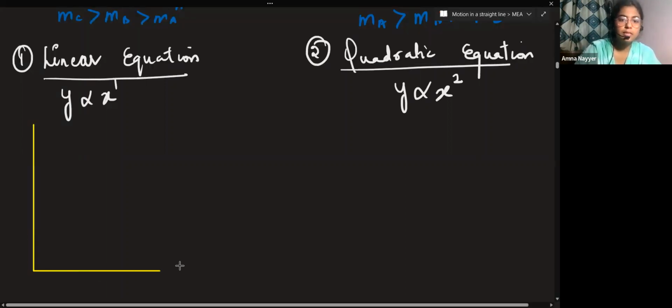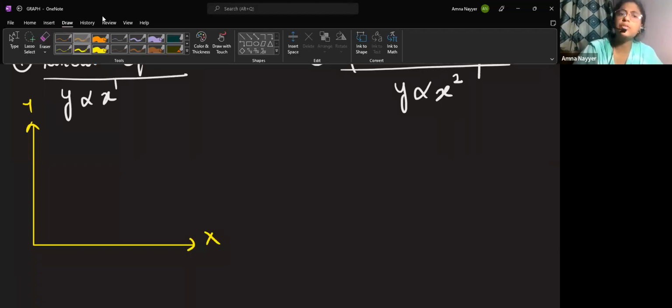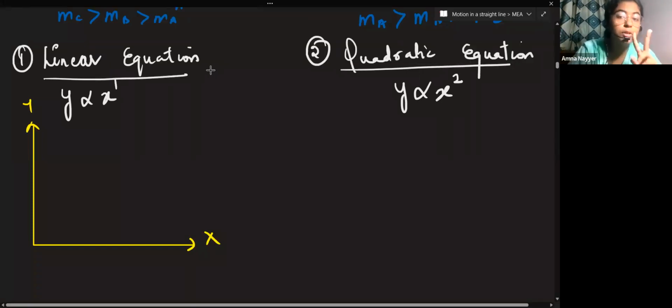So let's say this is the graph of a linear equation, x and y. The graph of a linear equation is very easy. If two things are directly proportional to each other, the graph of both of them will be a straight line.